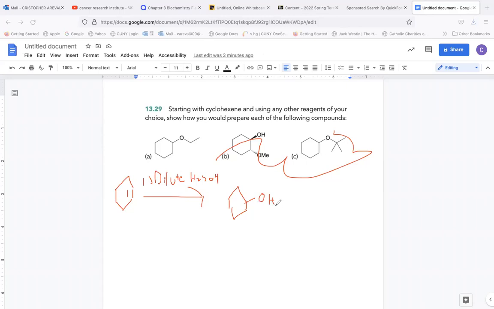Okay, then what happens? We need to make this part. How? Well, remember the Williamson synthesis? What did I say about this reagent? NaH, right?